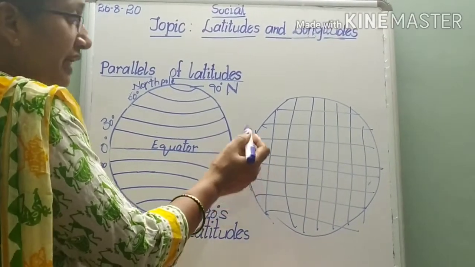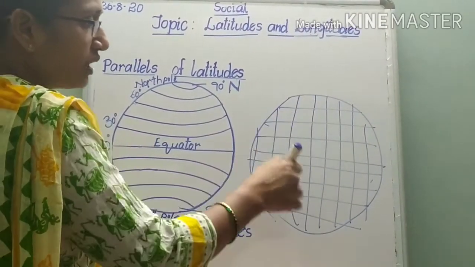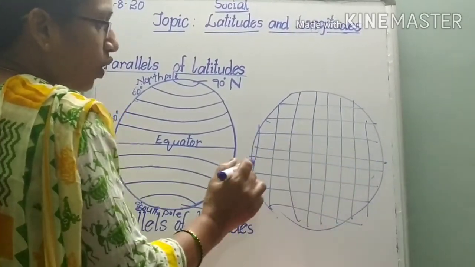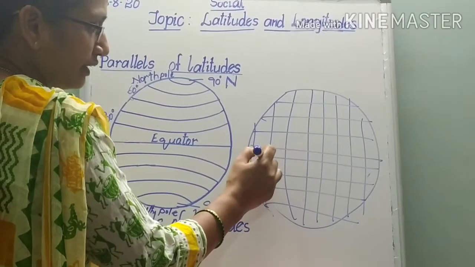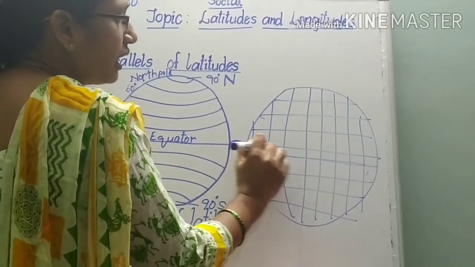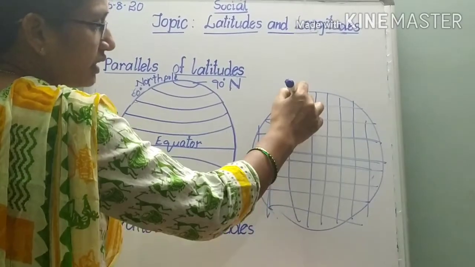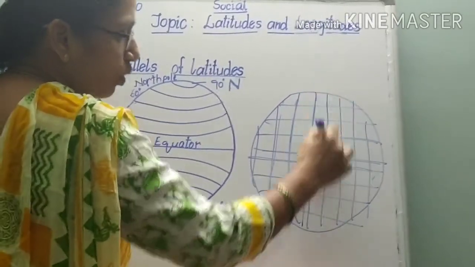So these are a network of lines. The horizontal lines are called latitudes and the vertical lines are called longitudes.